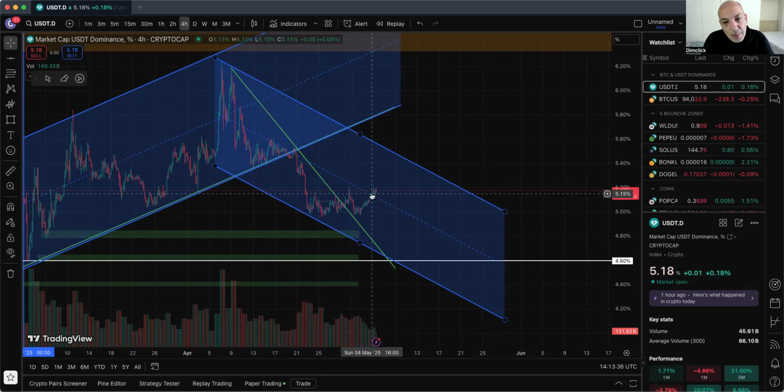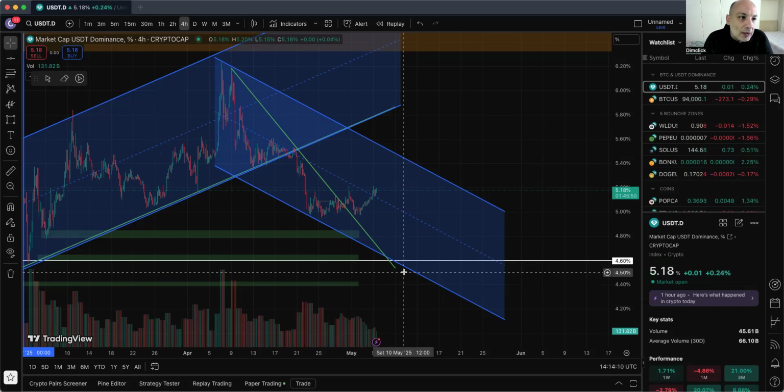Right now it is above the middle of the parallel channel, and if you see the price trying to go somewhere here, then it will be the best time to get your long position on altcoins, because if it then rejects from here and we go lower, we will see a big move on altcoins.